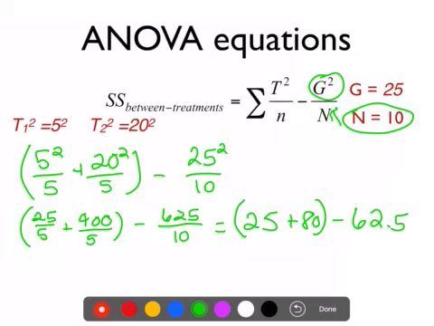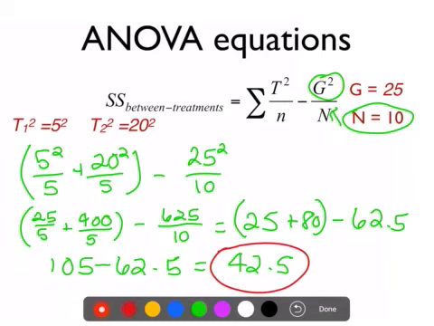So we're equal to 105 minus 62.5. We get a sums of squared between treatments of 42.5. Okay, so this is our new sums of squared between treatments for the subgroup 50 versus 70.